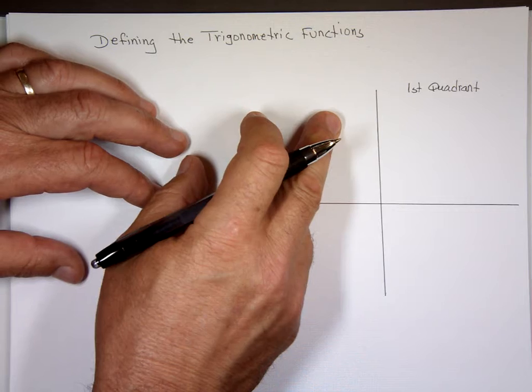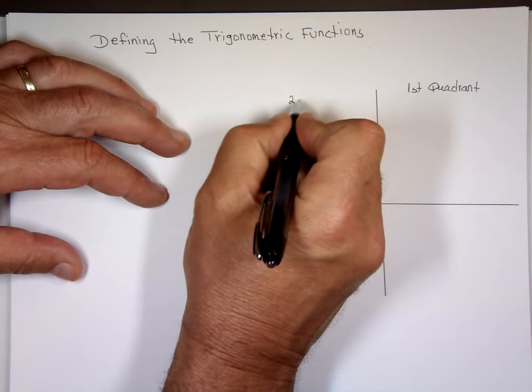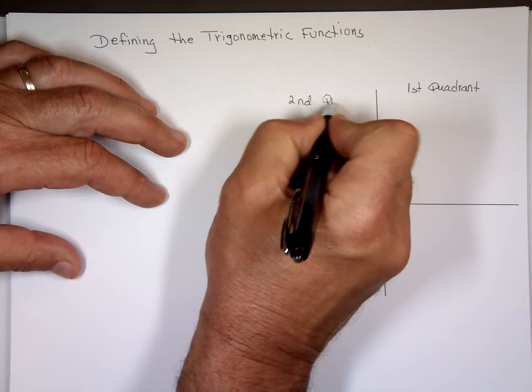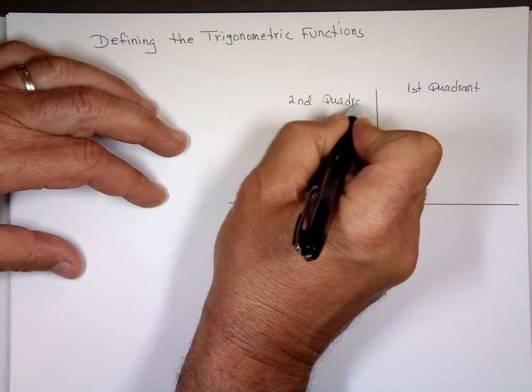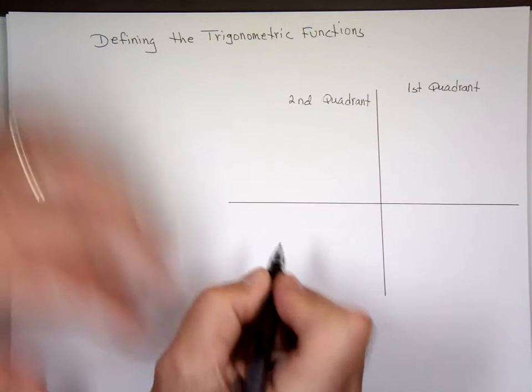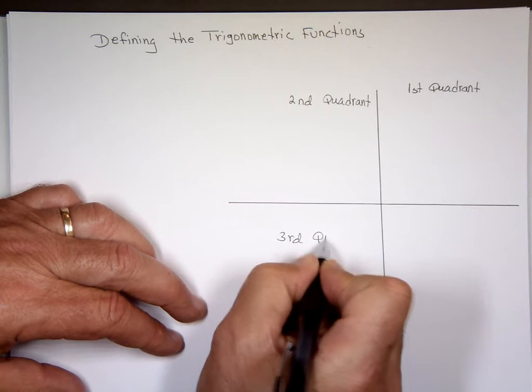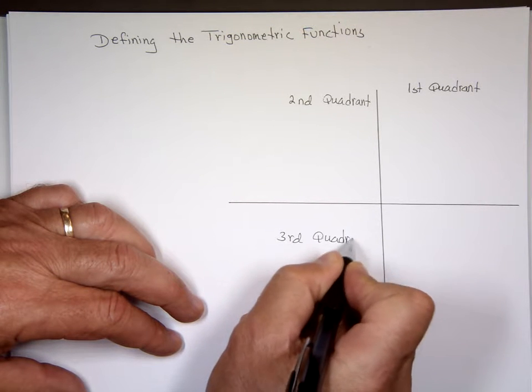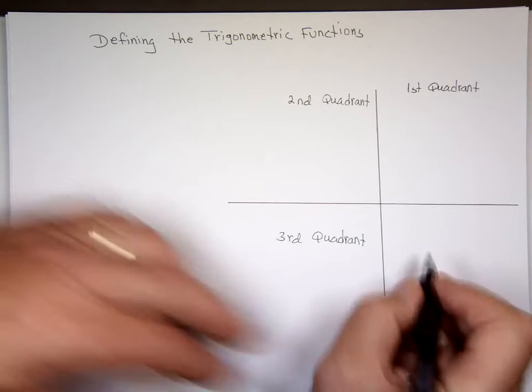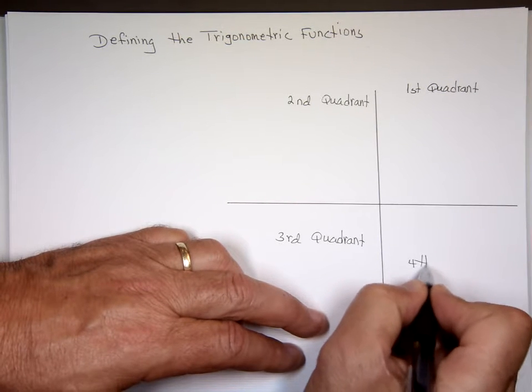This is the second quadrant. This is the third quadrant. And the last one is the fourth quadrant.